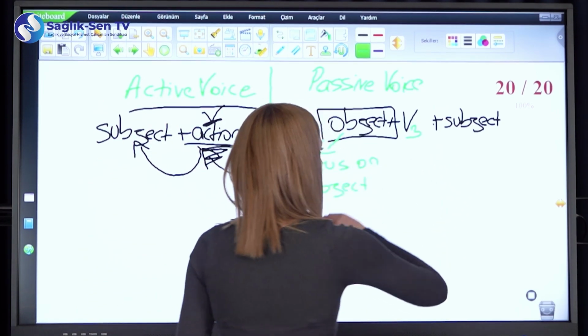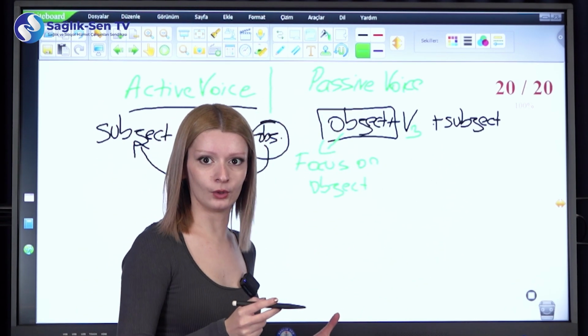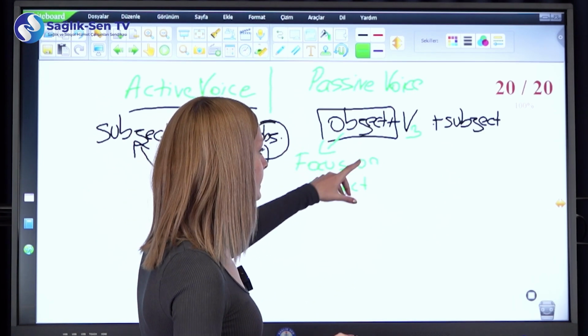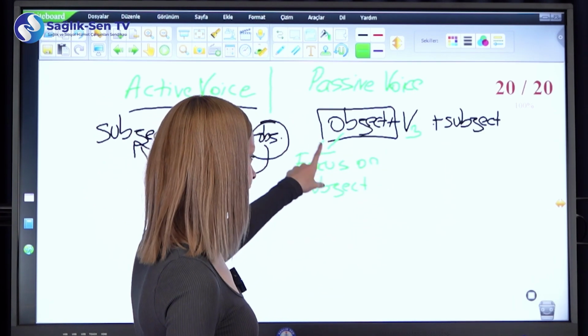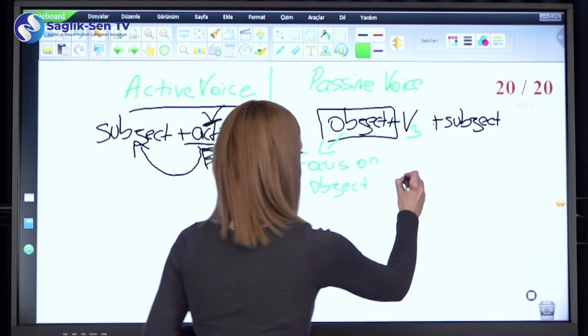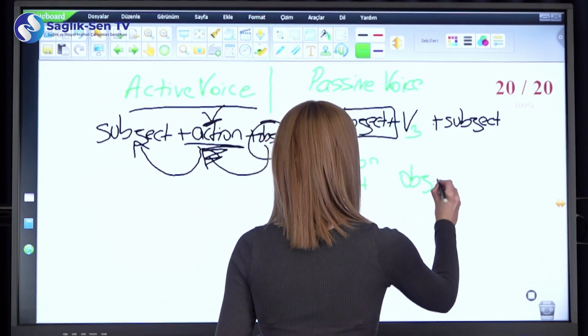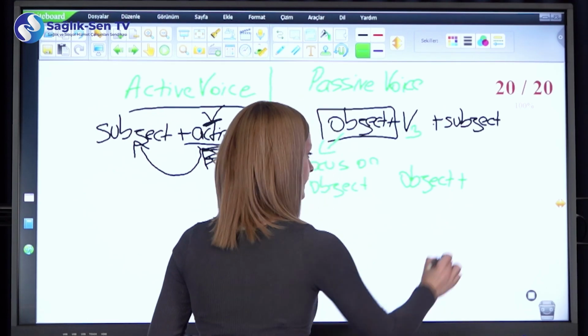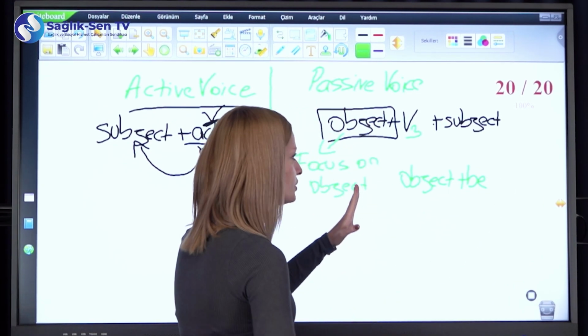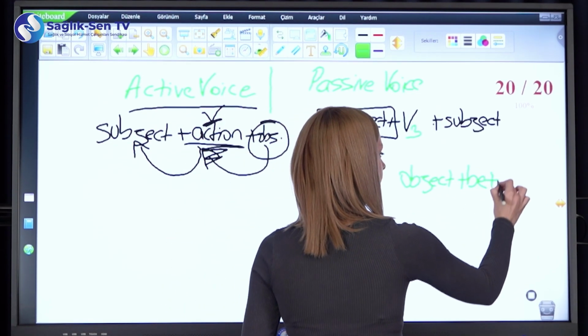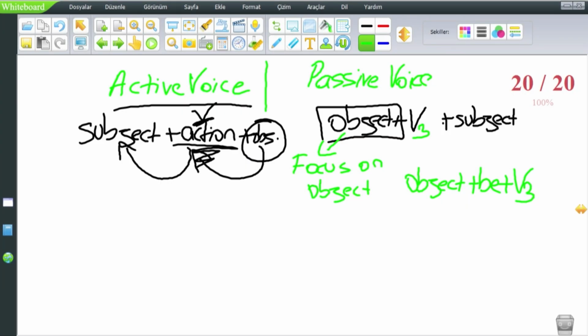And how I make passive voice is by using verb 3 after my objects. After the object, I use be and verb 3.